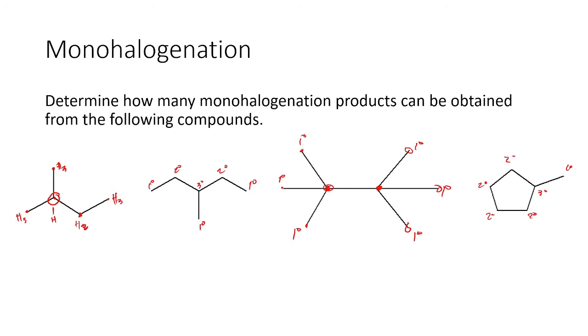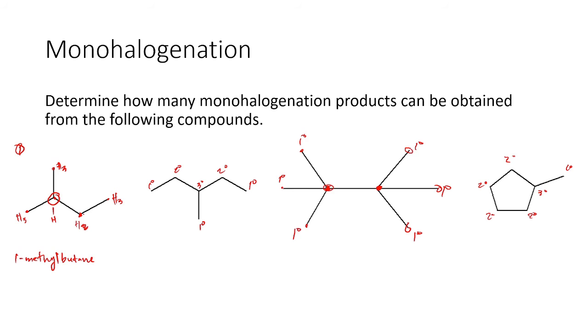So basically, kung titingnan natin yung mga examples natin kanina, if we have here the first one, this 2-methylbutane.